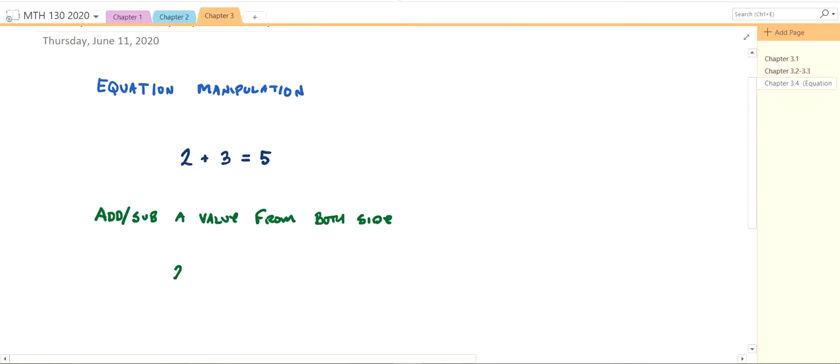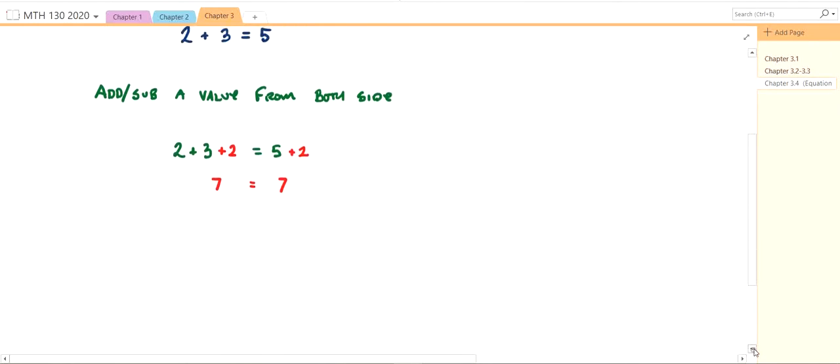So we're looking here at 2 plus 3 equals 5. We could add 2 to the left side, and if we add to the left side, we have to do the same thing on the right side, and we end up with 2 plus 3 plus 2 is 7 equals 7. So our equation is still valid.